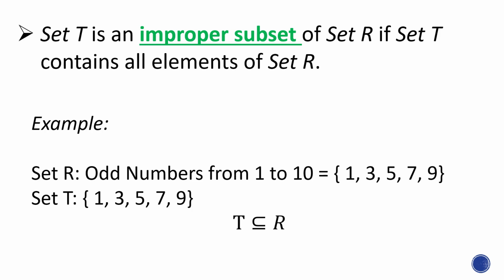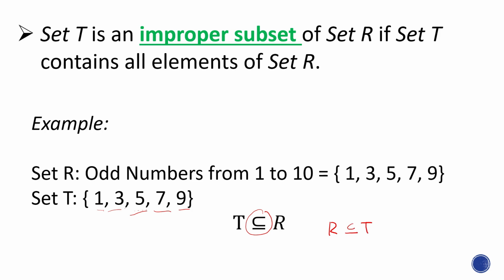And then we have set T. And the elements of set T incidentally are also 1, 3, 5, 7, and 9. So that means we can consider set T as an improper subset of set R, using the symbol for improper subset. And vice versa, we can also say that R is an improper subset of T.